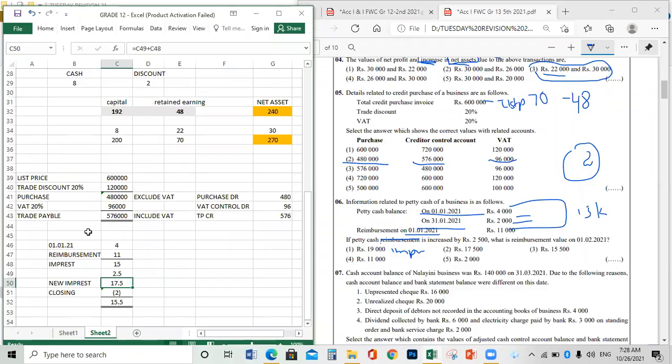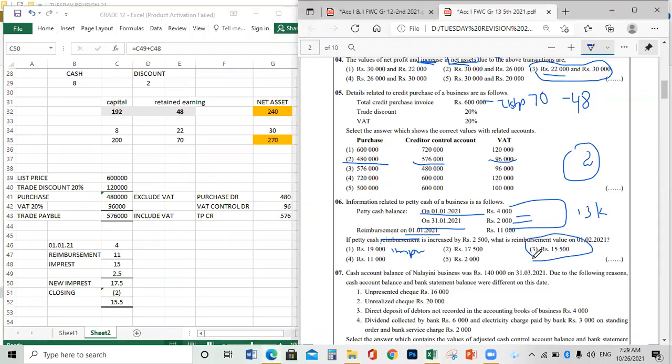Then how much will you ask more to get 17,500? You will ask another 15,500 more, so that you get 17,500. Clear? You need 17,500, but you have only 2,000. How much will you ask? You will ask 15,500. So the answer is the third one.